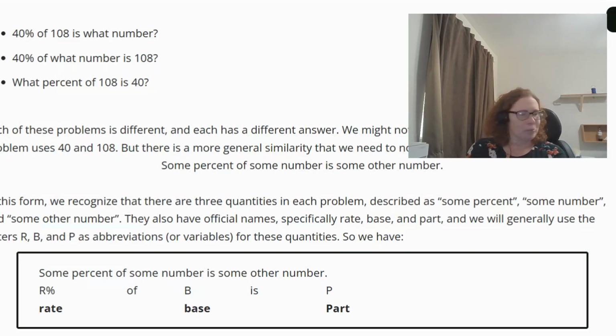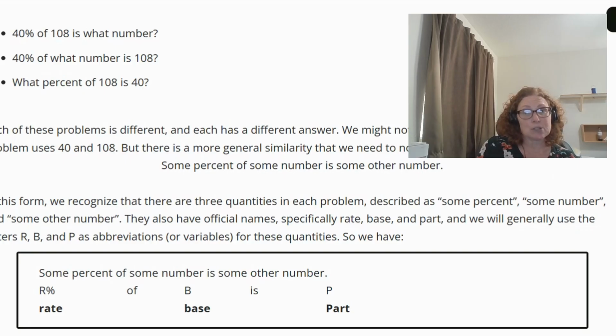We have different formulas: P is equal to B times R. B is equal to P over R. Or R is equal to P over B.